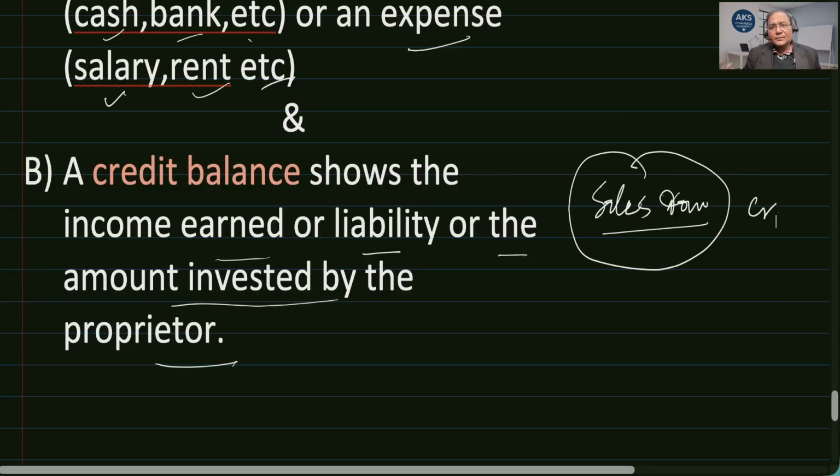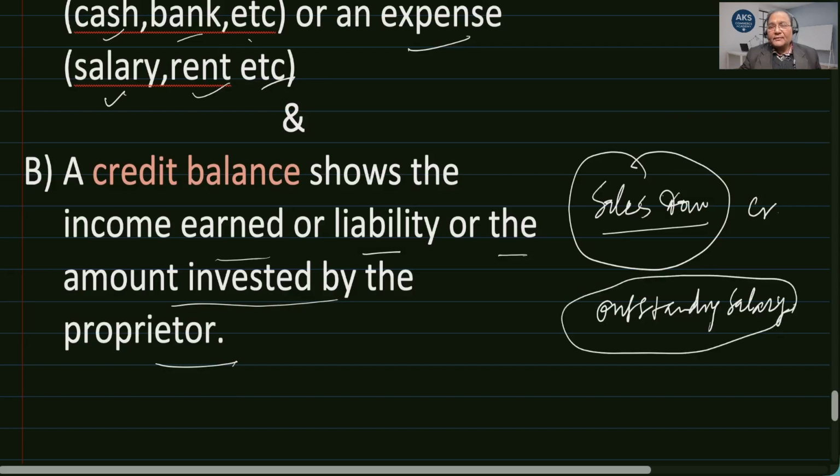There is an income earned through sales, so sales shows a credit balance. Or a liability: if there is an outstanding salary, outstanding means not yet paid but services already received. So salary for the month of, let's say, January is not yet paid, it is outstanding. So liability and income will show a credit balance.